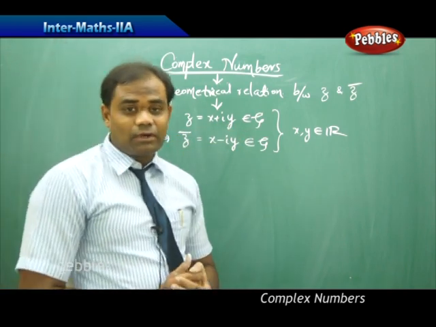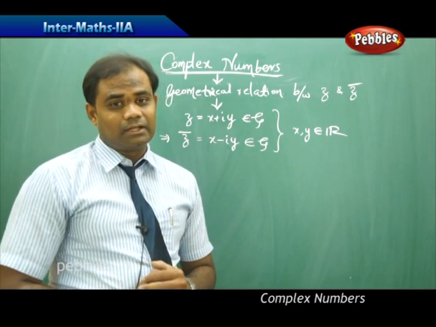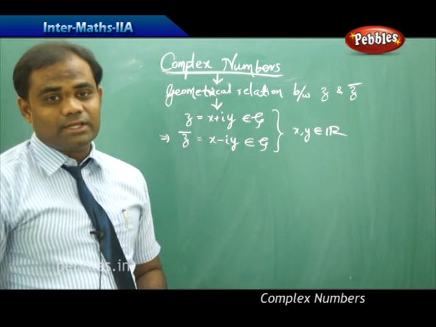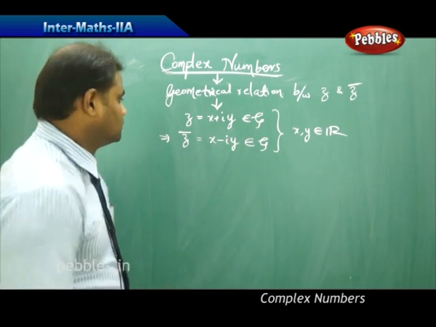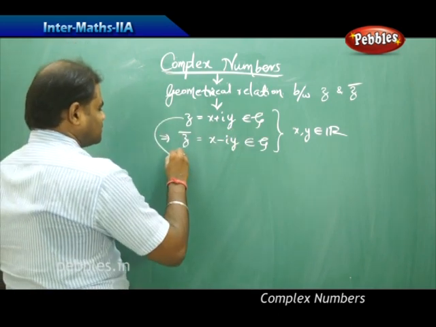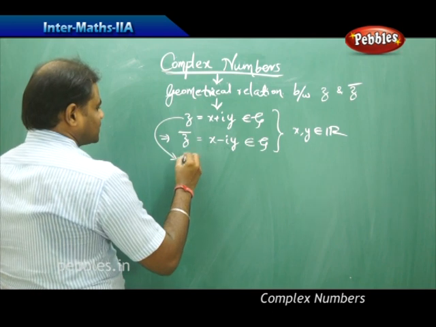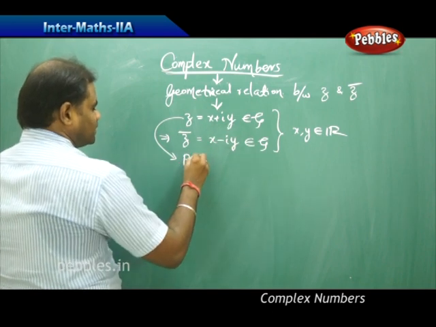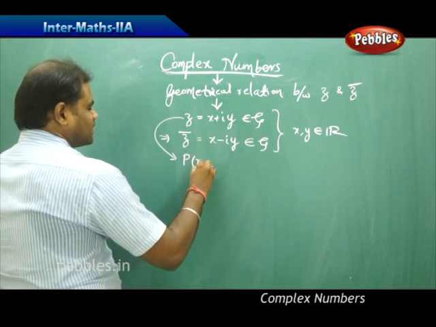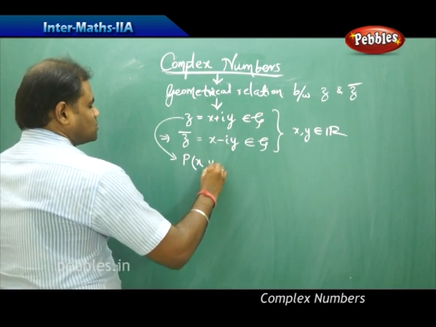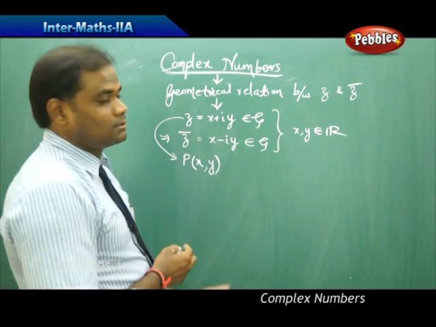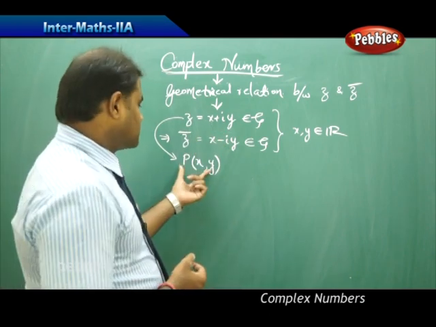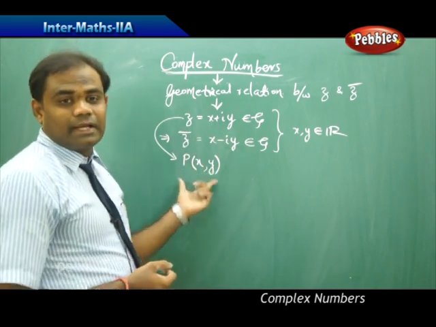Now when I want to represent complex numbers in the Argand plane, the first thing I do is identify the points which are connected with the complex number. So to start with z, let me take the point P, that is x plus iy. The real part is x and the imaginary part is y. So here is the point P, which is represented using the Argand plane.